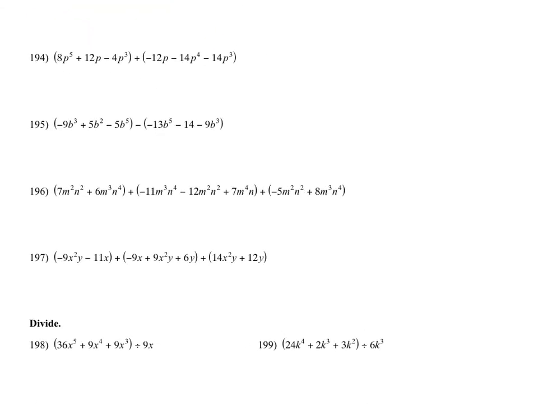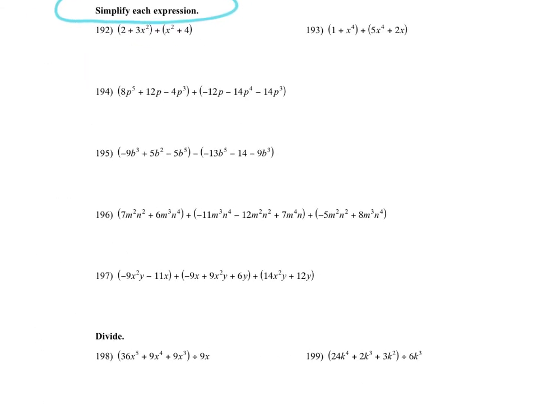Okay, next section. So I'm not really going to go in too much detail for simplifying these expressions because you are just combining like terms. So we're adding, we're still adding, adding in all of these.